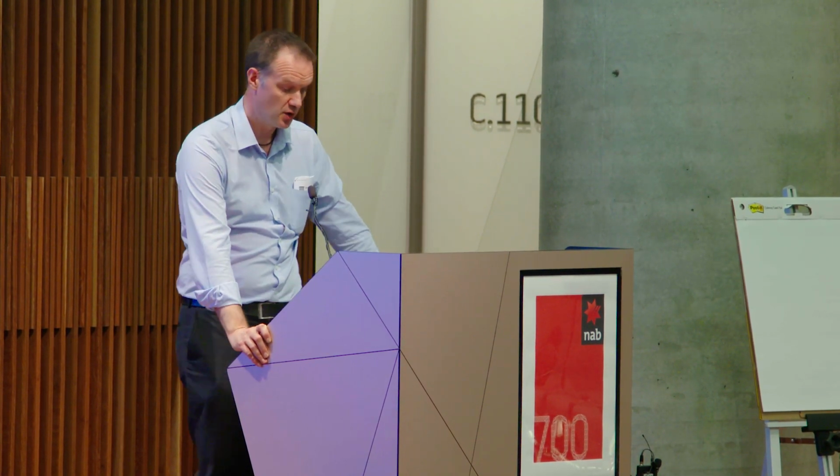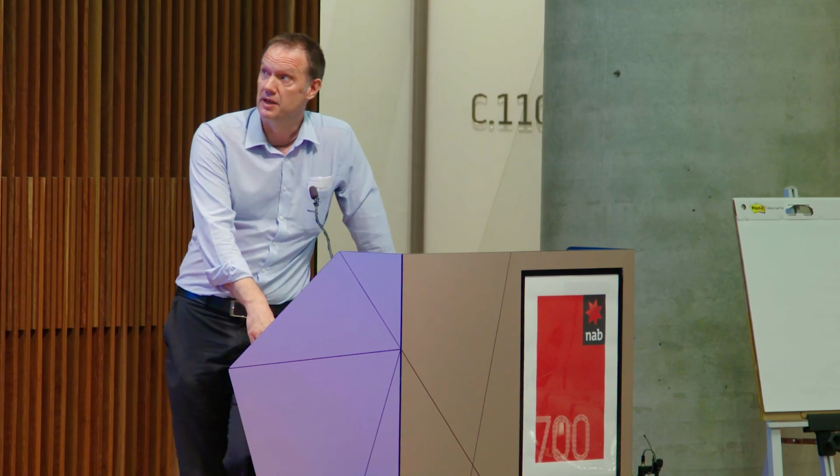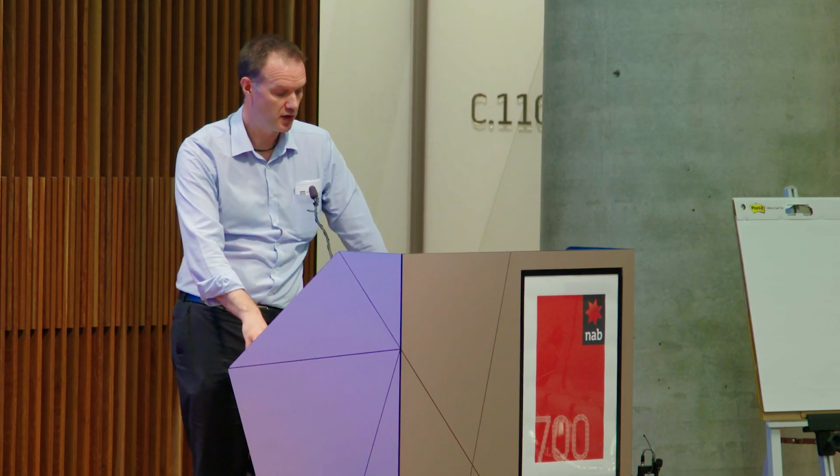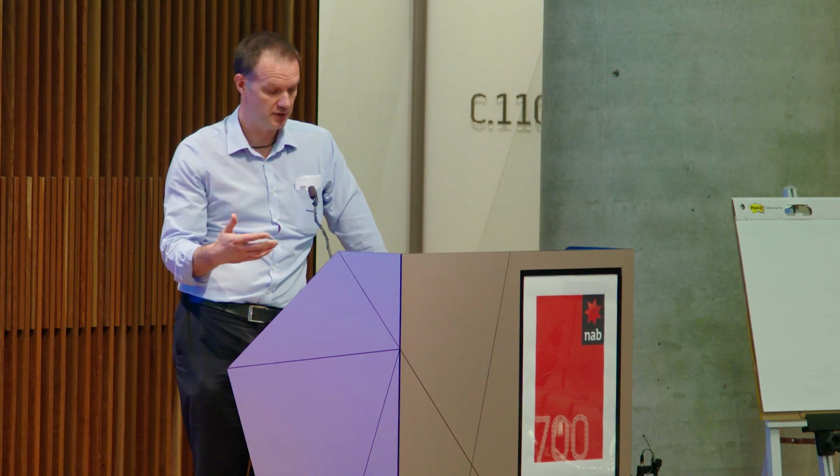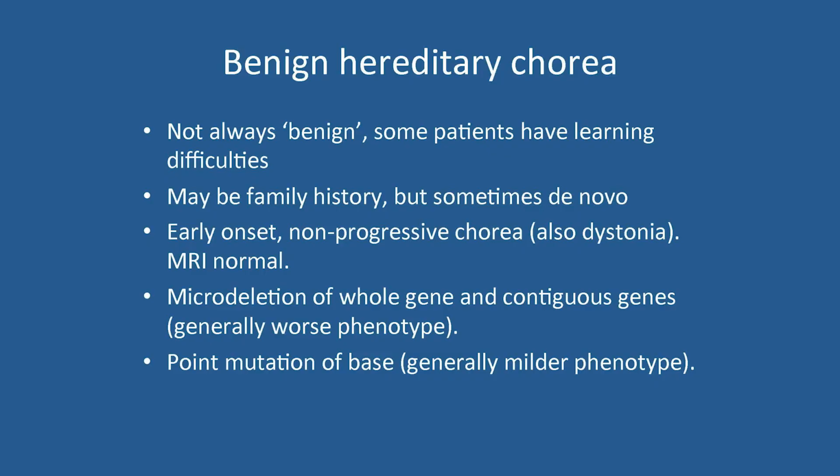But as I said, it's not always benign. There may be a family history unless it's a de novo problem. It's usually non-progressive, and it's usually chorea rather than dystonia. It's either a microdeletion, as we heard before, involving contiguous genes, multiple genes, or a single gene, or point mutations.